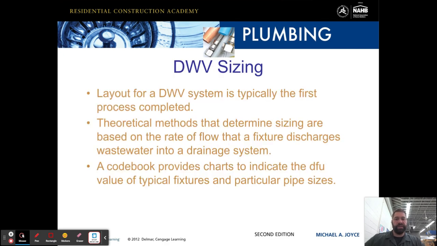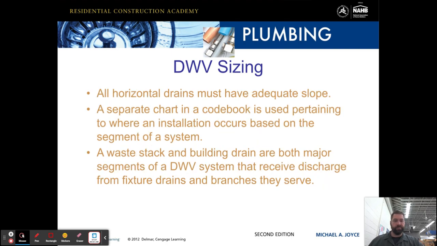So the layout for a DWV system is typically the first process completed. Theoretical methods that determine sizing are based on the rate of flow that a fixture discharges wastewater into a drainage system. A code book provides the charts to indicate the DFU value of typical fixtures and particular pipe sizes. All horizontal drains must have adequate slope. Right, we don't want the stuff to back up.